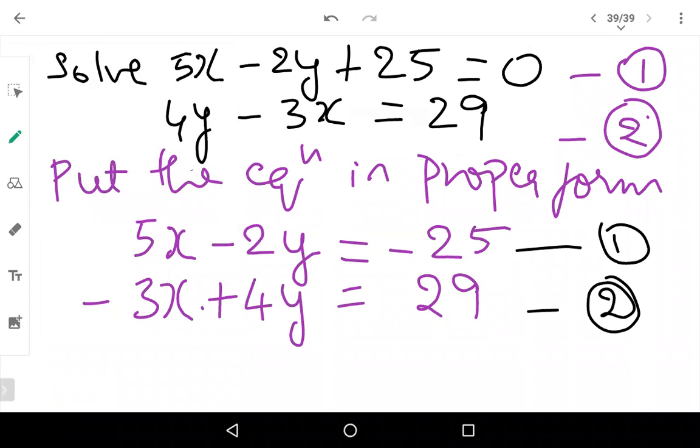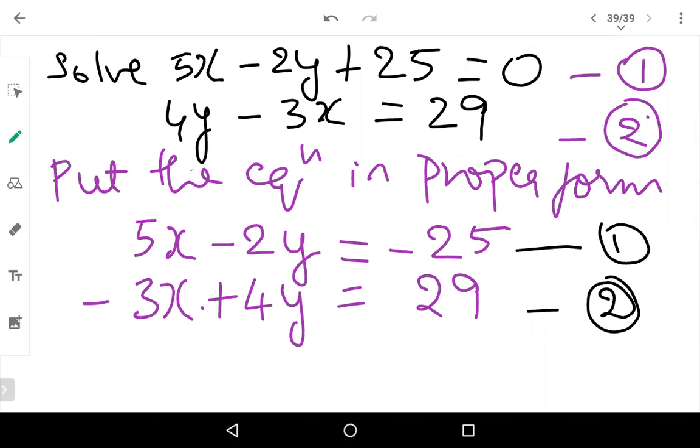Yes, correct. Good. Now, they have not particularly asked us to solve it by a specific method, so you can use any method which is easy for you. You can use method of elimination or you can use method of substitution. Any method which is comfortable for you. Here, let us take method of elimination.